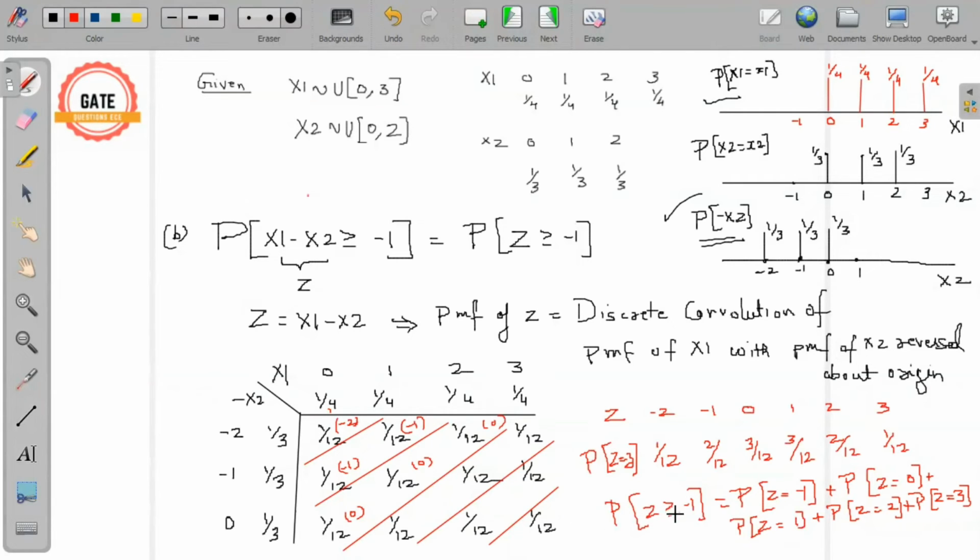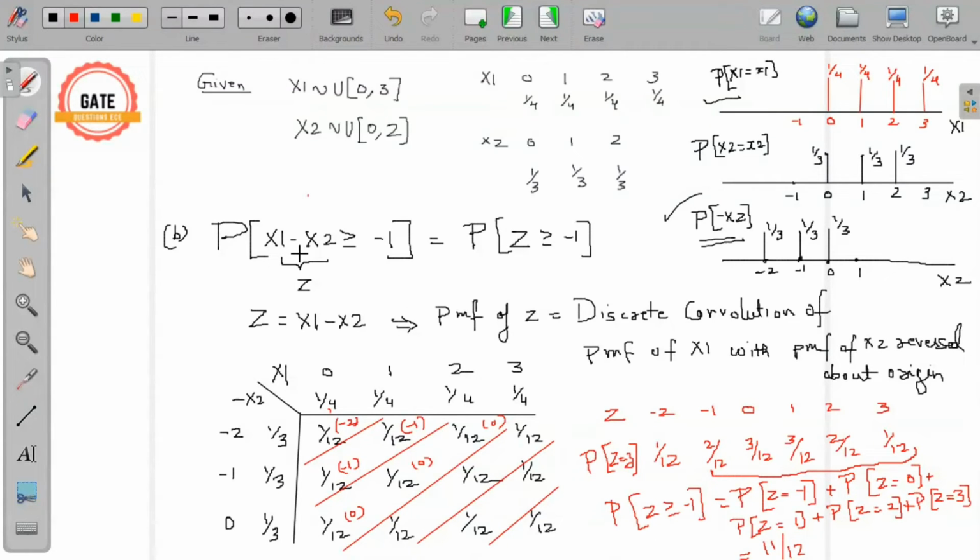So you add all the probabilities for values greater than or equal to minus 1. When we add all these five probabilities, you can observe the answer will be equal to 11 by 12. So this is the answer to this question.